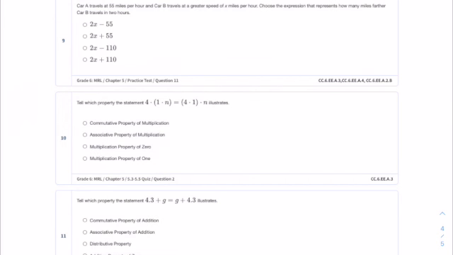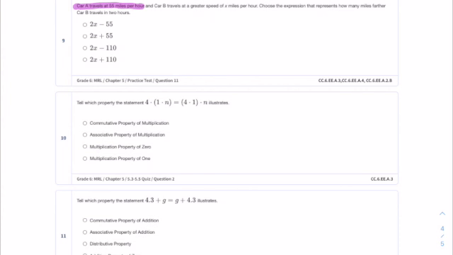Number 9: car A travels at 55 miles an hour, and car B travels at a greater speed of x miles an hour. Choose the expression that represents how many miles farther car B travels in 2 hours. So, let's see. Important information for this one. Car A is traveling 55 miles per hour.